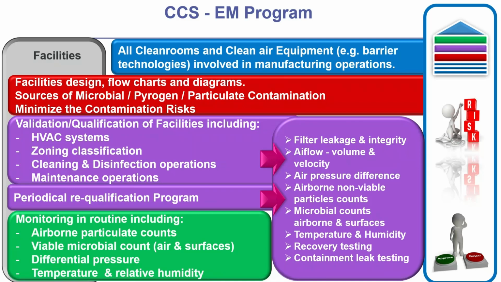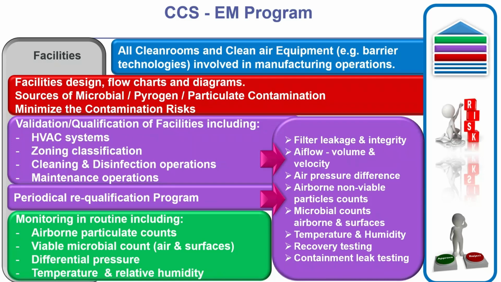Then step 1, the contamination control, where we define and evaluate the sources of potential microbial, pyrogen and particulate contamination, supported by the facility design, flowcharts, and diagrams with the objective to minimize the contamination risk.